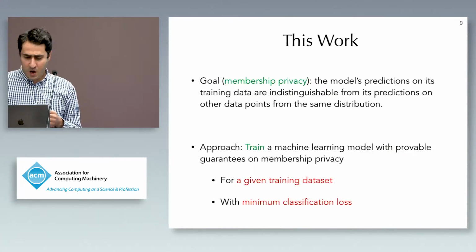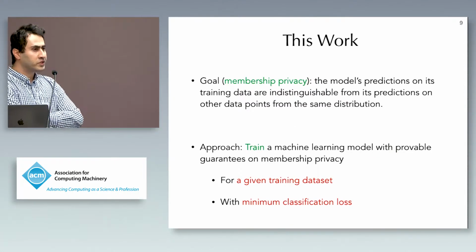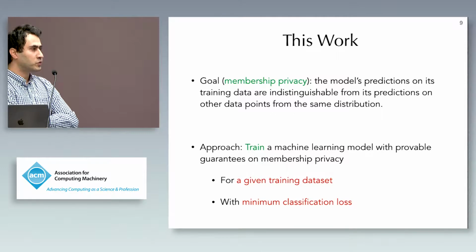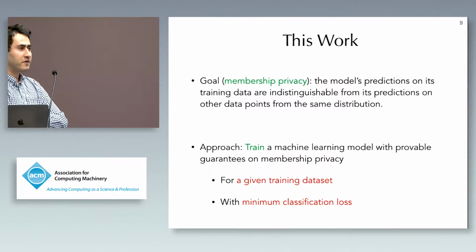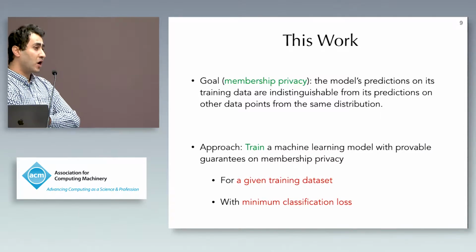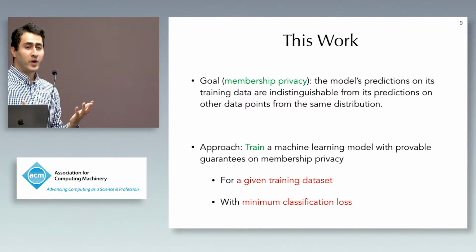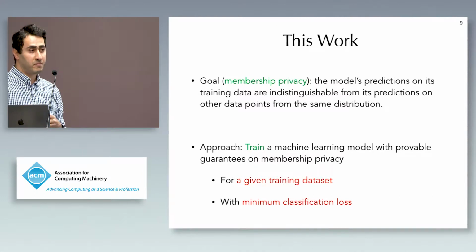All right. Okay, so now let's talk about the approach we're taking in this paper. We are trying to solve the membership inference problem, and the approach we're taking is that instead of manipulating and adding noise at the prediction API, we train the model in a way that it provides a provable guarantee against membership inference attack.